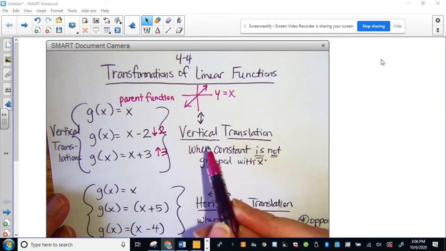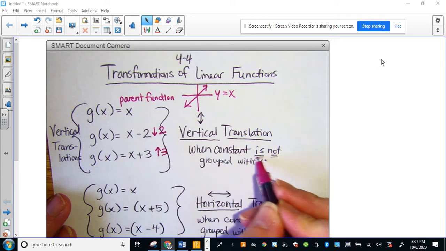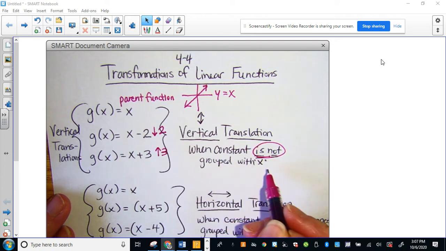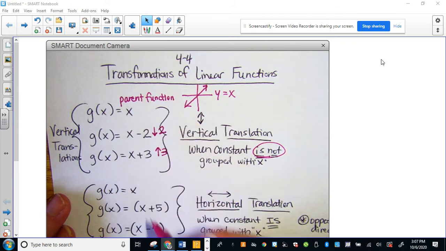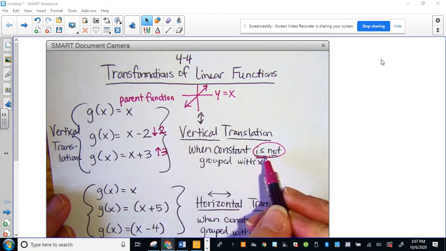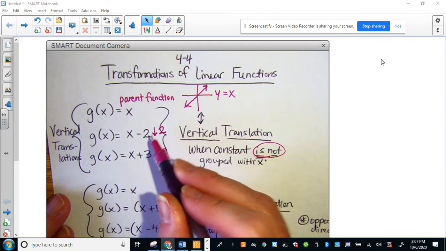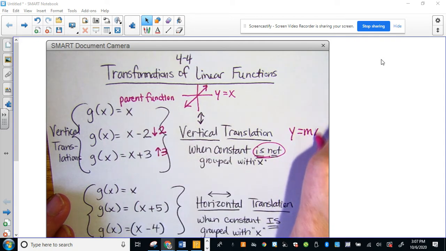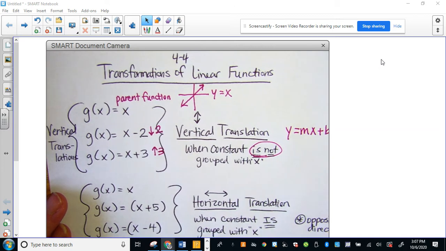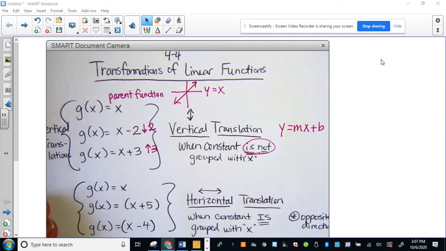Notice here that for vertical translations, the constant is not grouped with the x, meaning they're not in parentheses grouped together like they are in the next section. So when it is not grouped together, that's a vertical translation moving up or down. This is similar to your y equals mx plus b that you're used to, and just moving it up and down for your y-intercept changes.